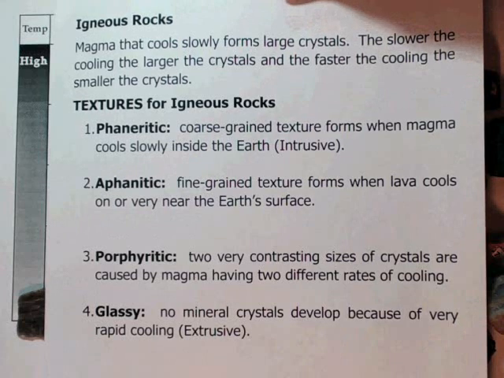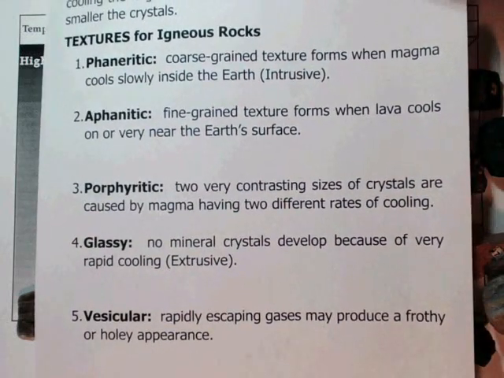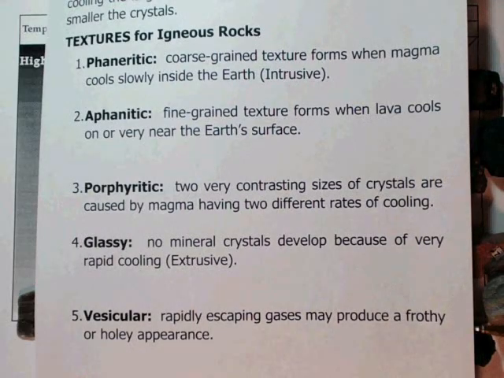And there is one more here, vesicular. I mentioned that a couple times. Now for this one, when it is cooling, gases are bubbling through, trying to escape and leaving these little holes.